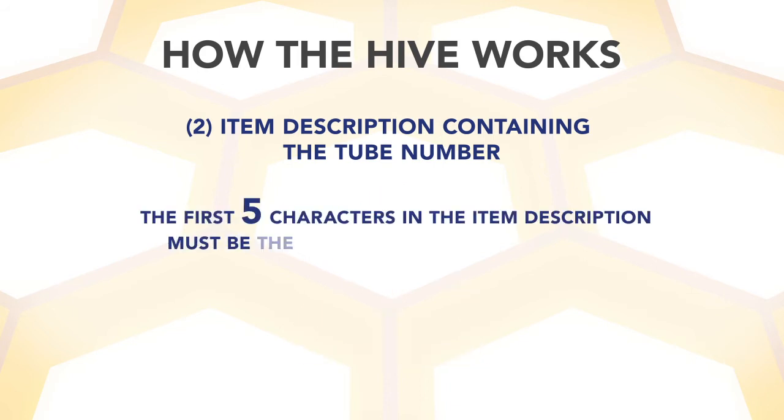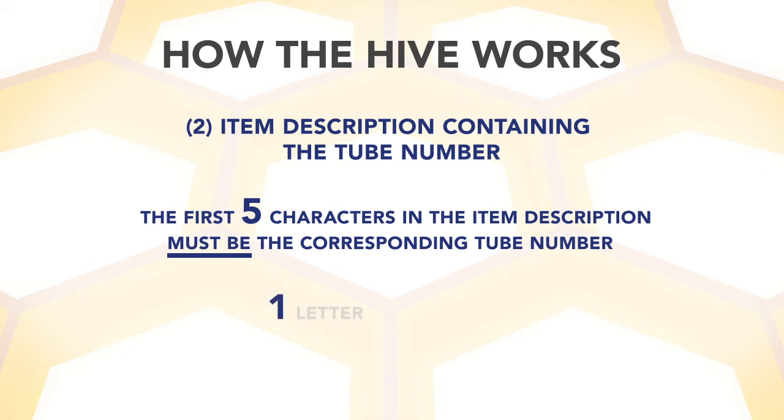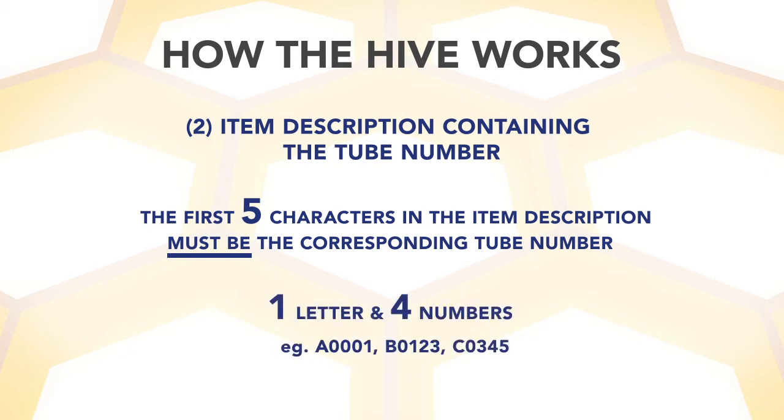The first 5 characters of every mat item description that is uploaded into the Hive should be a corresponding tube number, which is 1 letter and 4 numbers. Anything other than 1 letter and 4 numbers will not be uploaded into the Hive.